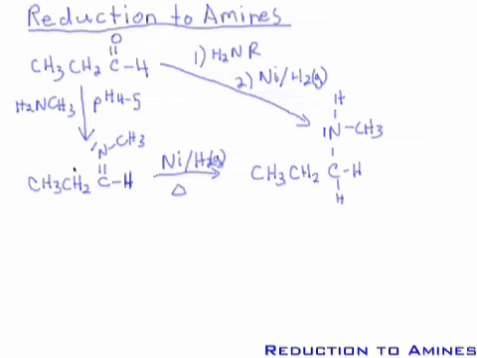Now, if you had used a secondary amine in this reaction instead, for example, let's do it down here. If I had taken CH3, CH2, C double bond OH, and I had hit that with HNCH3 twice. Remember, secondary amines can't lose a proton, so they can't form an imine.